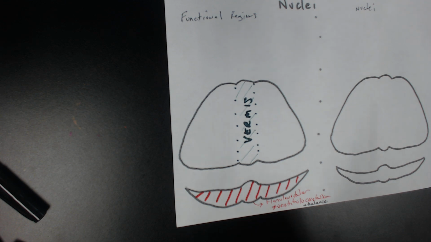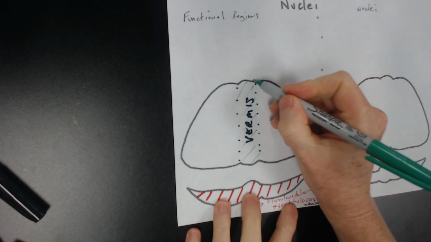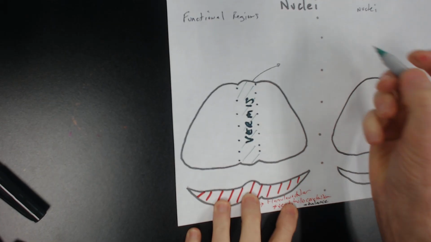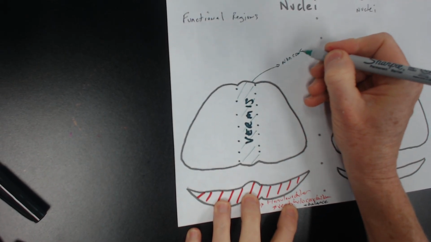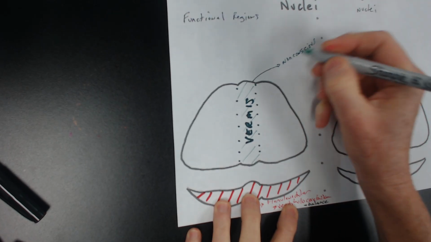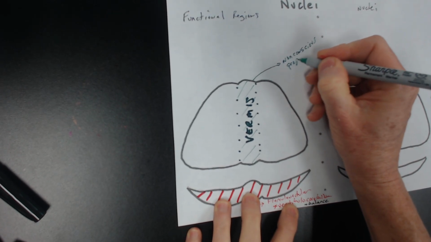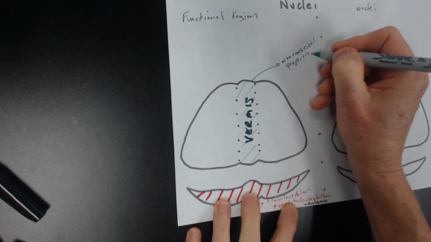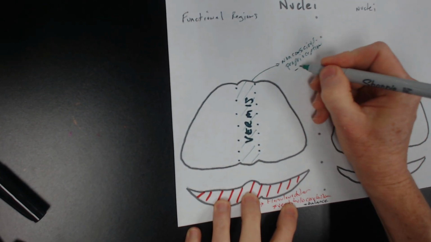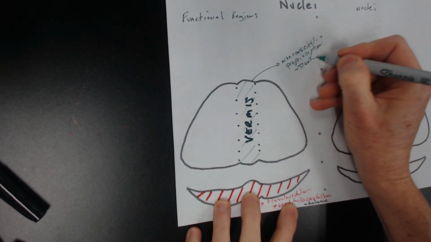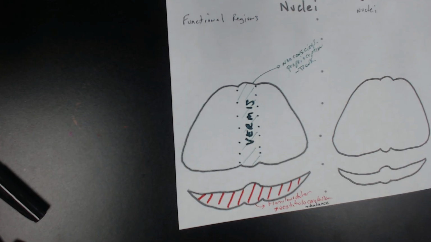And its role in life is to receive information about non-conscious proprioception from the trunk, only the trunk. So axial musculature, trunk muscles.